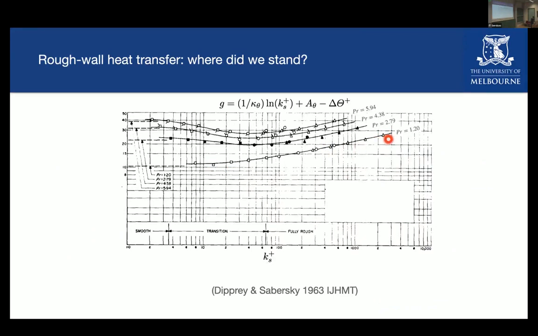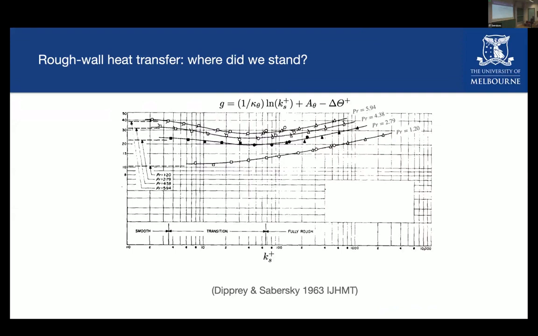The ones down here are closer to air and the ones up there closer to water. Here they're plotting a function called G, which is related to delta theta plus that I showed before. Even though all the previous correlations were tuned with this data, they show different behavior. And so the only way to resolve what is actually physically going on is to have access also to the flow.